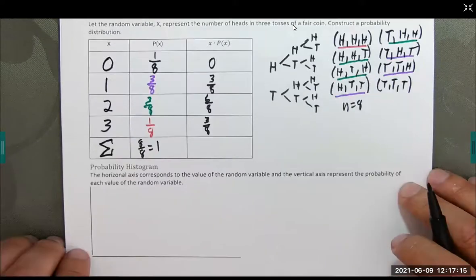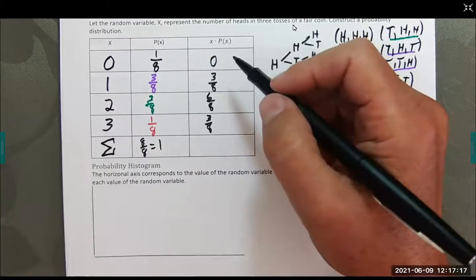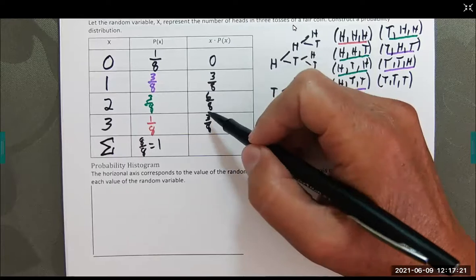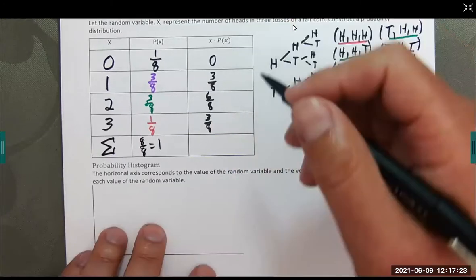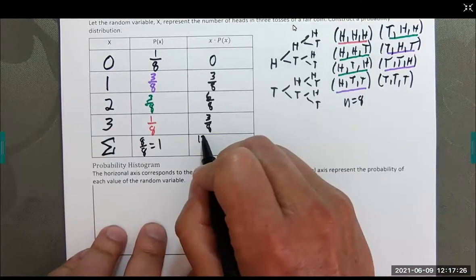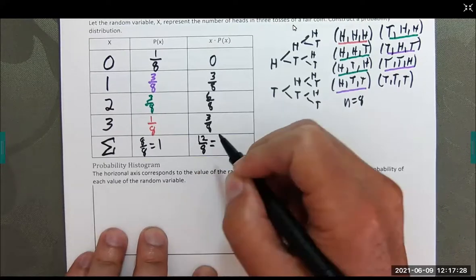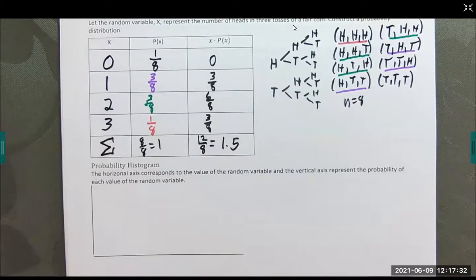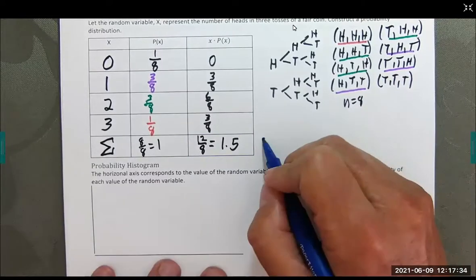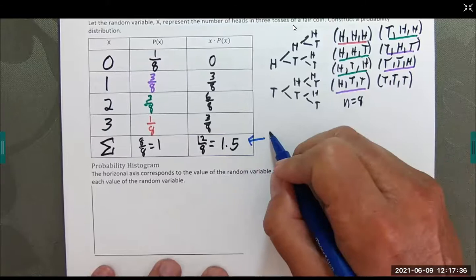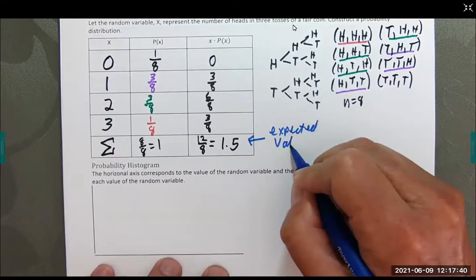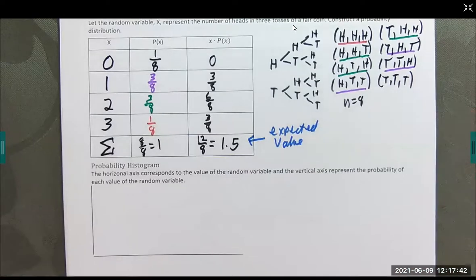Now I'm going to go ahead and add these up as well. So 0 plus 3 plus 6 is 9. 9 plus 3 is 12. That's 12/8, which is 1.5. This is what we call the expected value, also referred to as the mean.